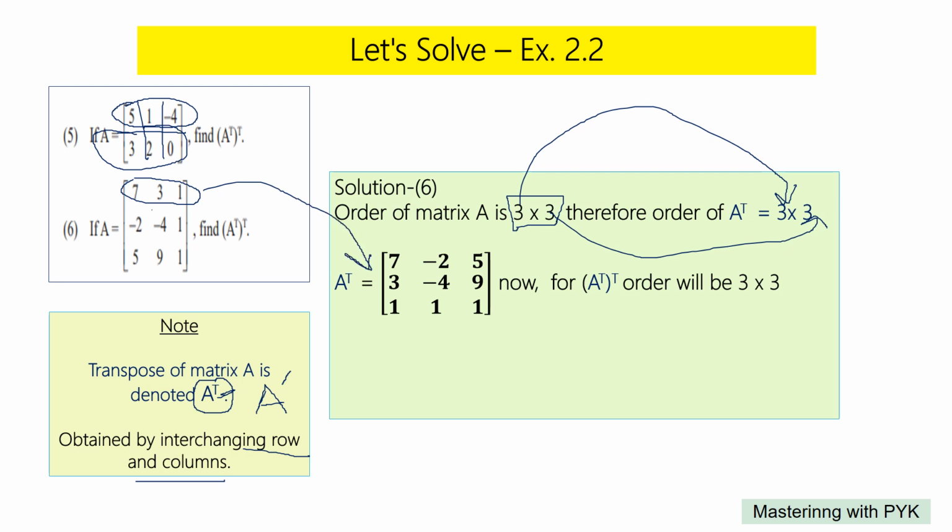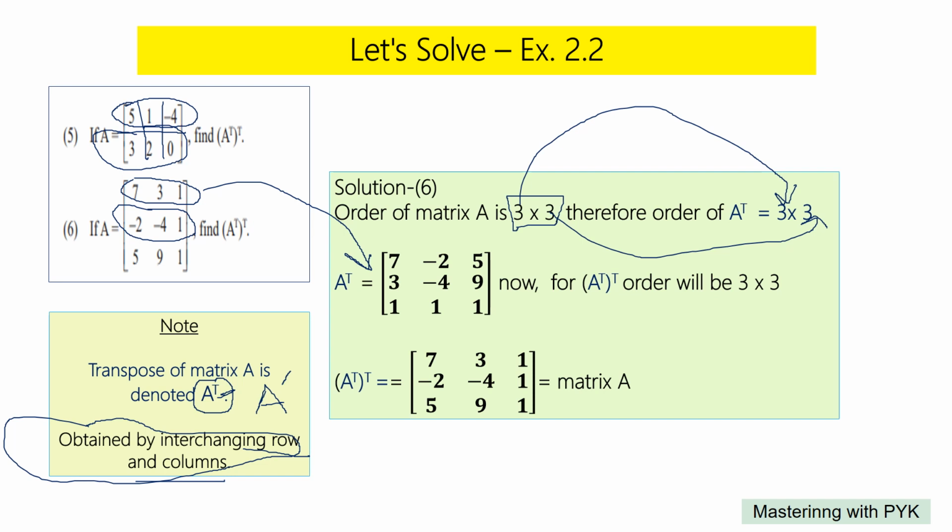Transpose is very simple. It is obtained by changing the rows to columns. Now the order of the matrix is 3 cross 3 because it's a square matrix. So when we transpose it again, it will be 3 cross 3. Considering this is now my base and transposing it, we come to the same matrix, the original matrix A.